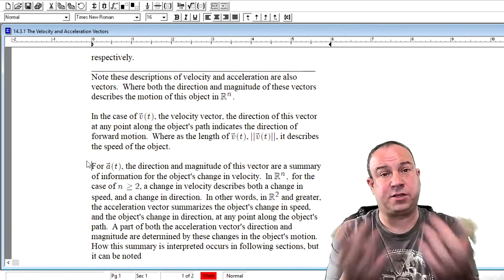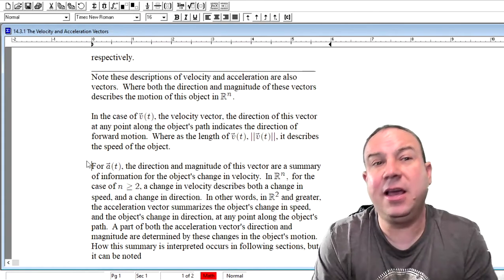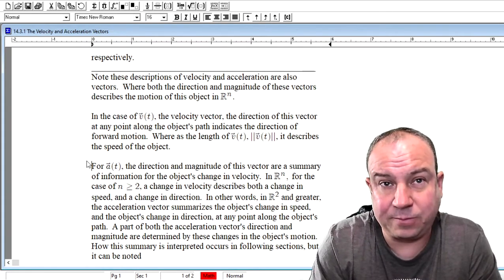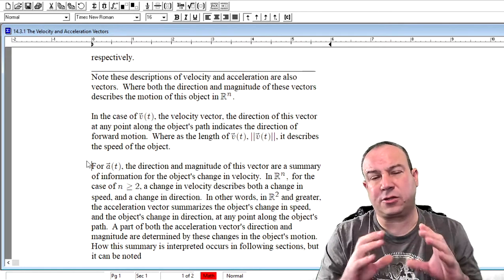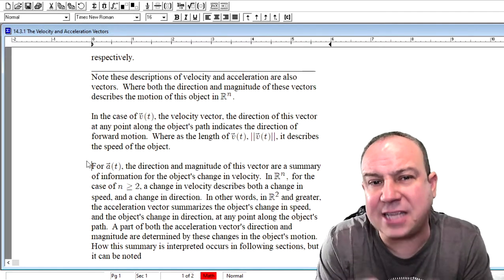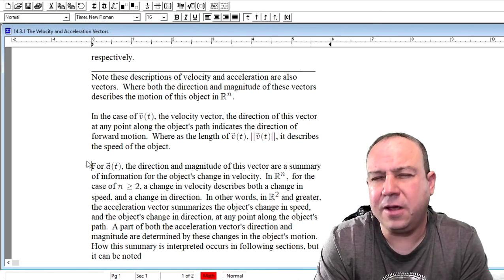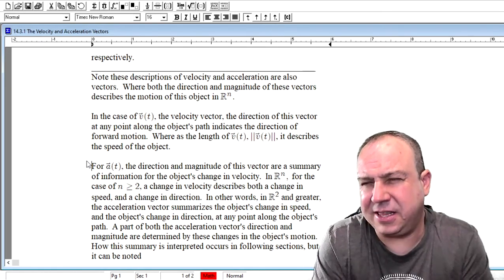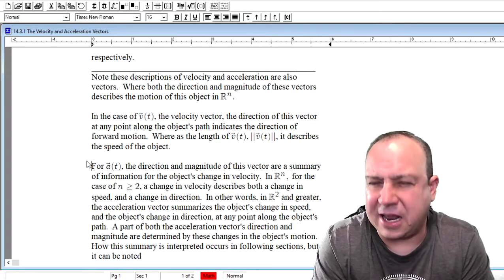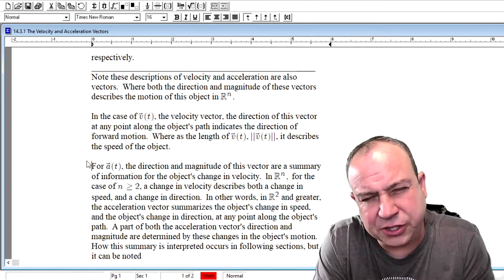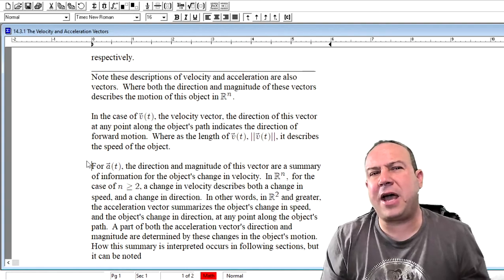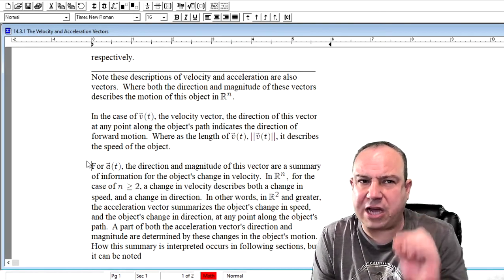Your car will either speed up, or if you hit the brake, your car will slow down, right? That is one aspect in terms of the description of the change in velocity that we're experiencing. That is summarized by acceleration. The other aspect is when we change direction.